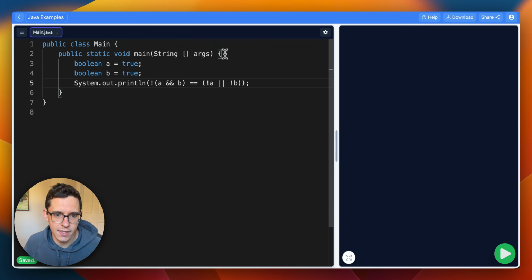What this law means is that no matter what I put in for A and B, these two things are always equivalent. So I can put a false here. This is like a mathematical proof, a mathematical theorem. So I'm putting in false in both places, I'm just changing these up. Any value of true and false, it doesn't matter what I put in. You can do this all day.